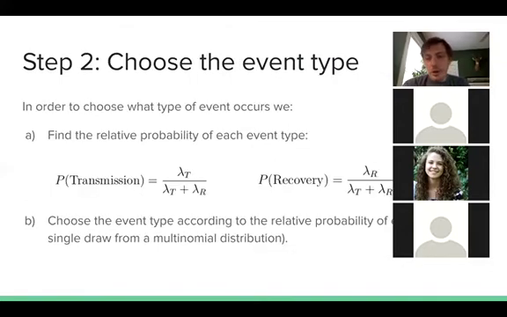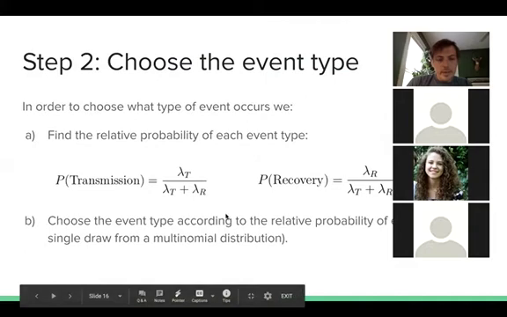Okay, so we know when the next event is going to occur. The second thing we have to do then is to choose what type of event occurs. In our simple SIR type model, there are only two types of events, transmission events and recovery events. So we can find the relative probability of either event type happening. When we have dueling processes like this, two events that can both happen, the way that we pick which one happens first is we compute the relative probability that each event occurs first.